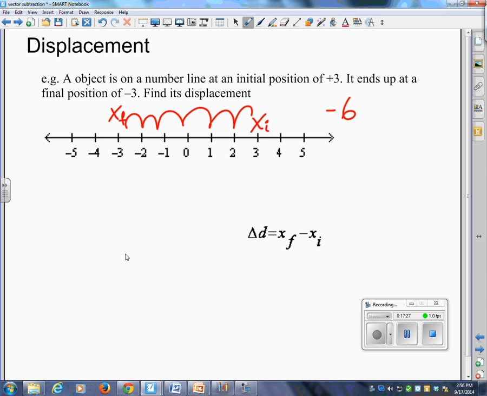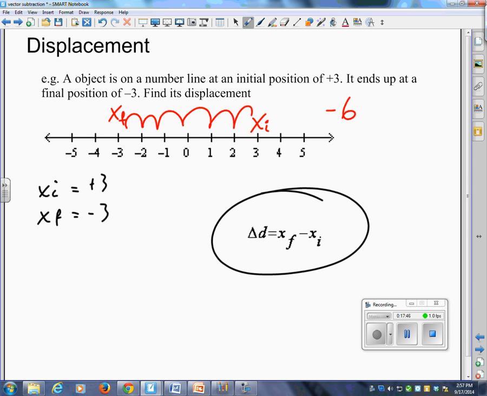Okay. How do I do this? What is vector xi? Don't write, just watch. Vector xi is +3. Vector xf is -3. Everybody with me so far? Okay. Displacement is final minus initial.